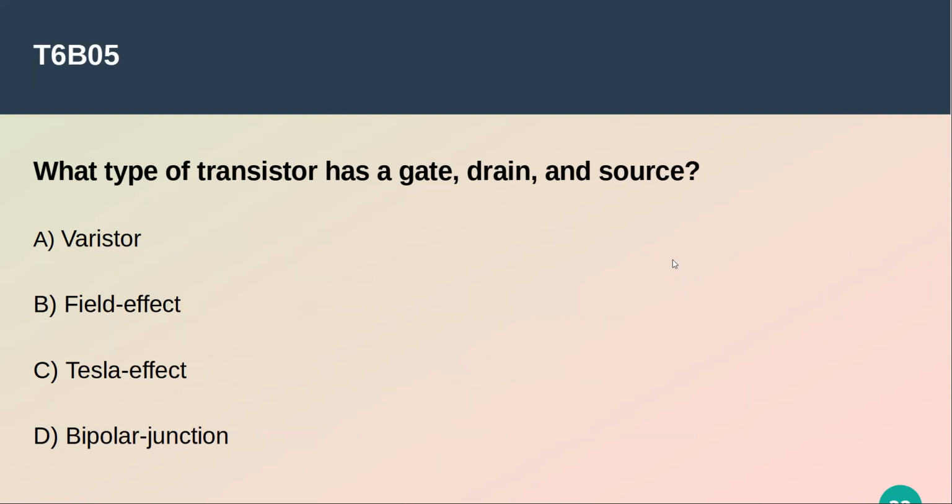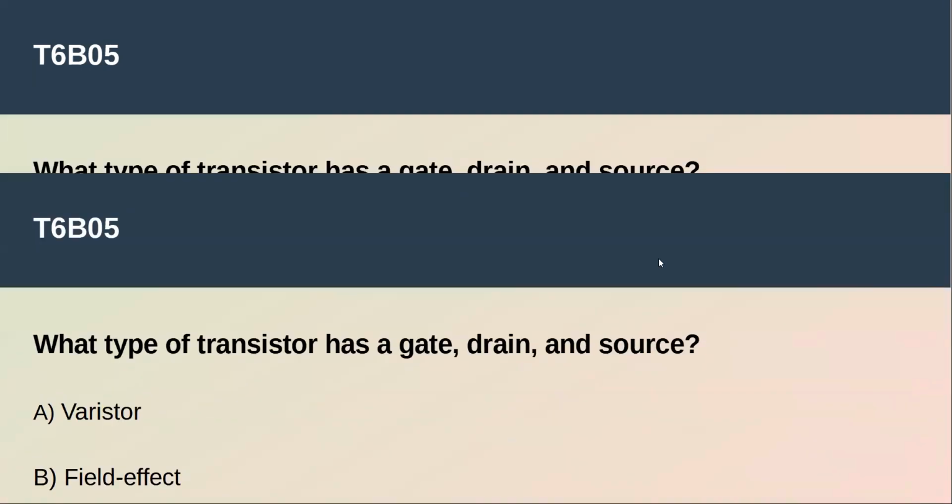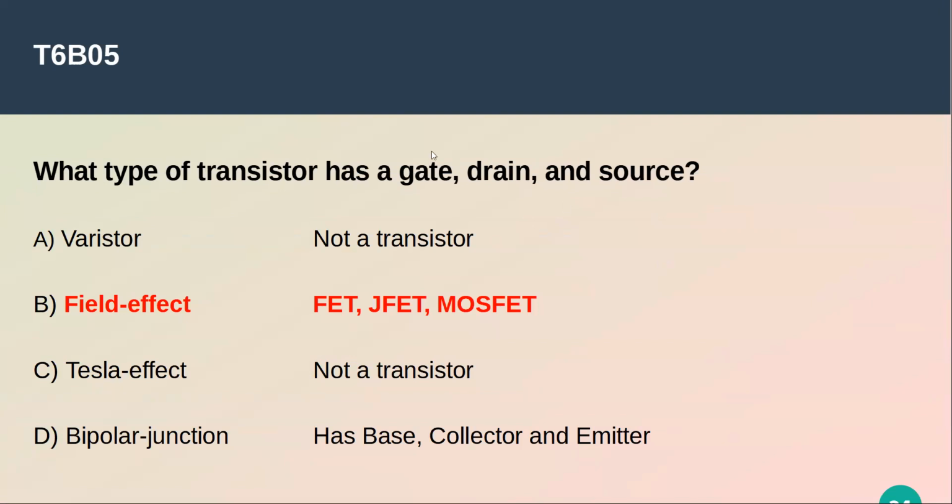What type of transistor has a gate, drain, and source? Field effect. All right. And like we said, a varistor is not a transistor, it's a voltage variable resistor. Do you know what the Tesla effect is? No, I don't either. Tesla is a way of measuring magnetic fields. They measure them in Teslas. And the bipolar junction has a base, collector, and emitter.